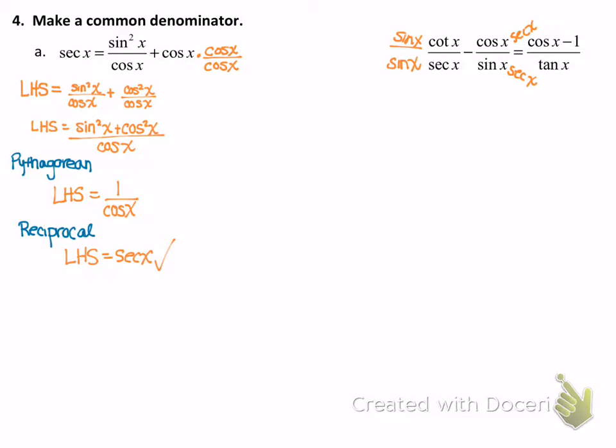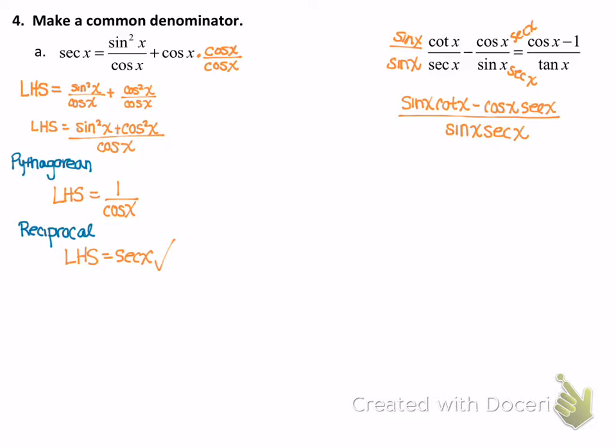So if we write that all together, we will have sine x times cotangent of x minus cosine x times secant of x all over sine of x times secant of x.